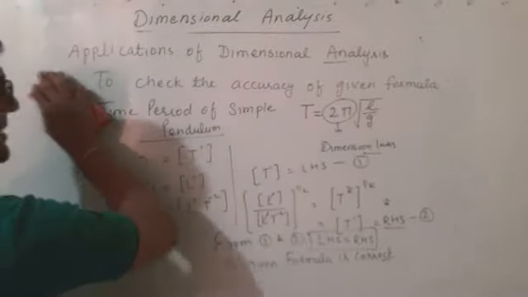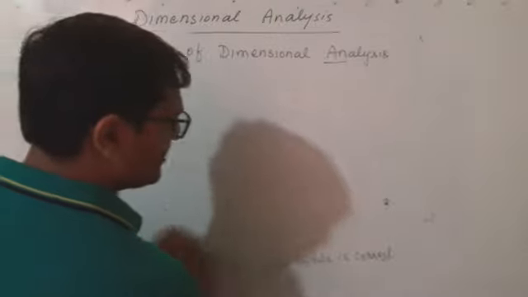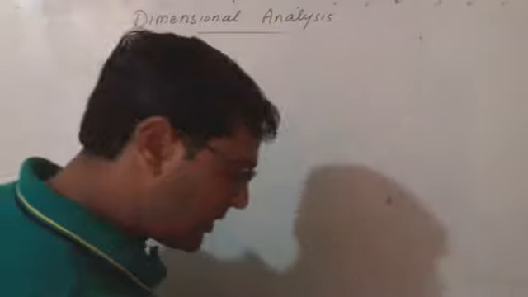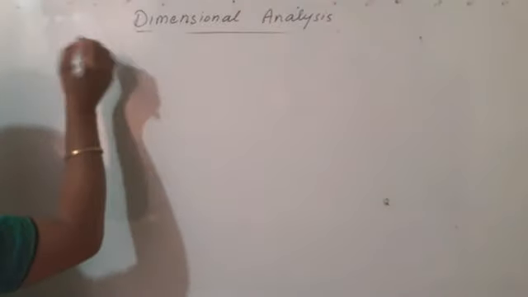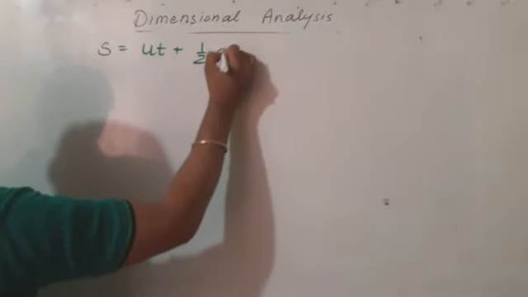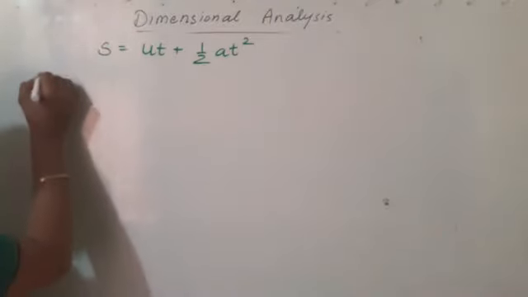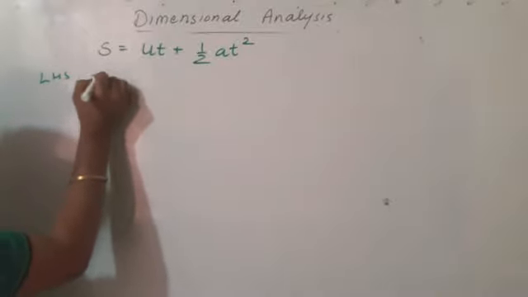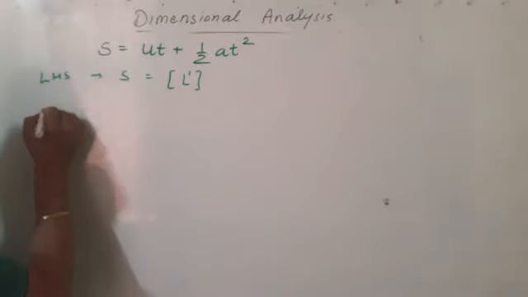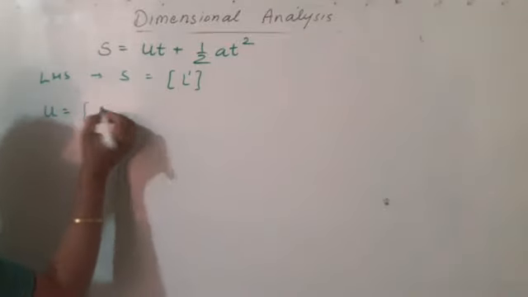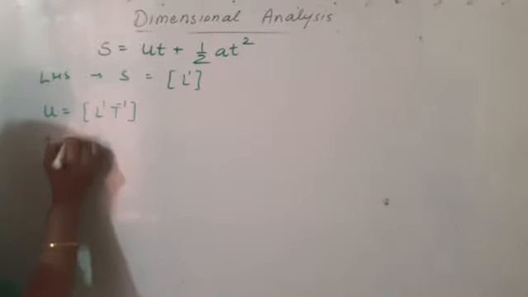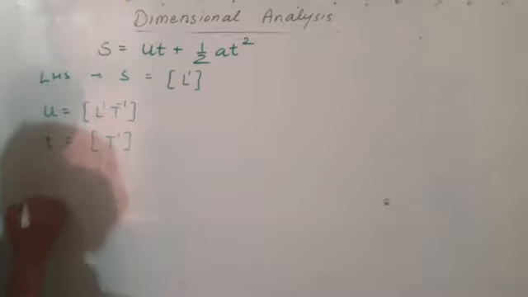So another example is here for the same application. I am taking a general formula, S equals ut plus half at square. For the left hand side, S is displacement, so displacement is L^1. u is velocity, that is L^1 T^-1. t is time, that is T^1.